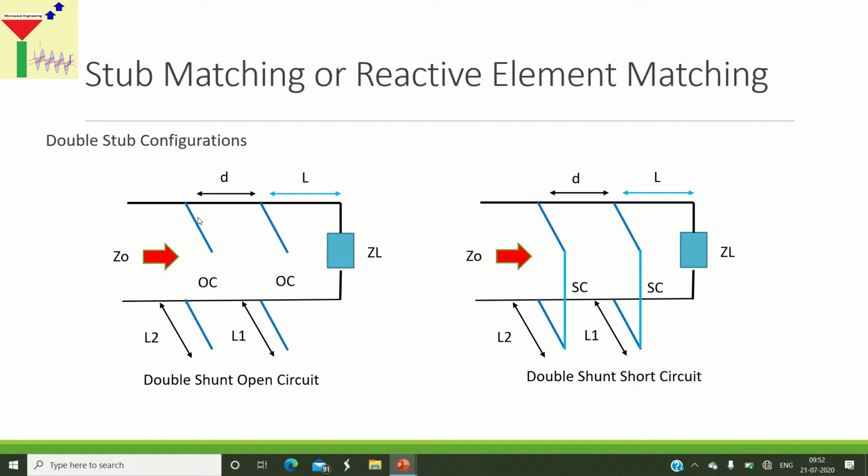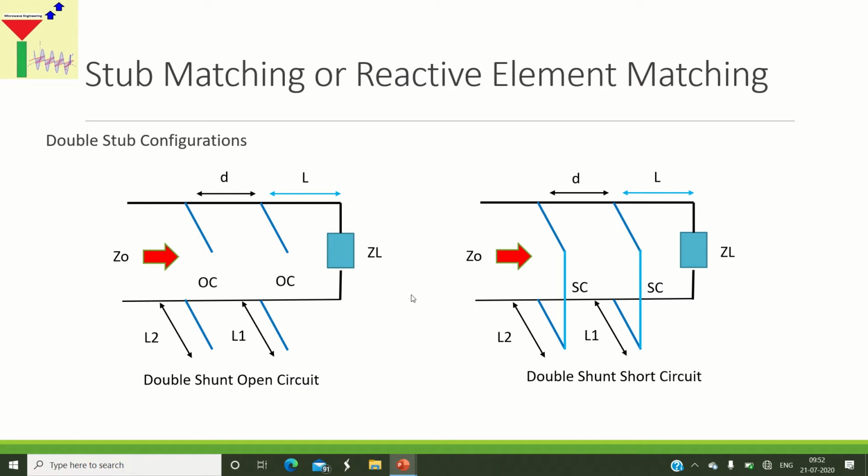Stub number 1 and stub number 2 are separated by a distance d. Sometimes stub number 1 is located on the load itself; in that case, capital L is going to be 0. In the other case, if the first stub is located at some distance away from the load, then L becomes non-zero.